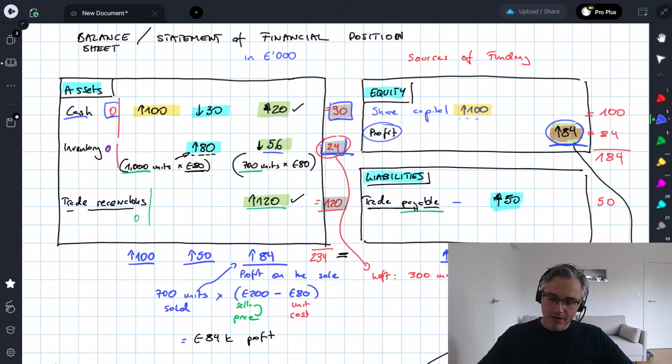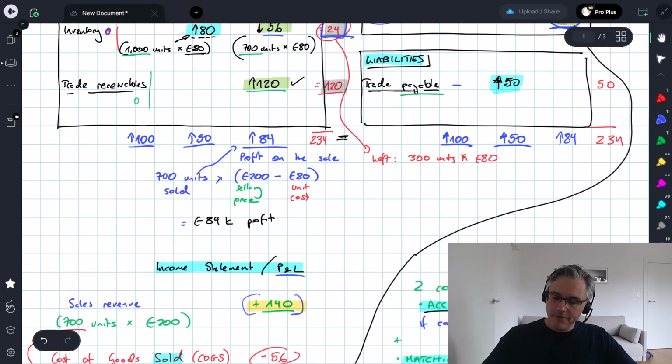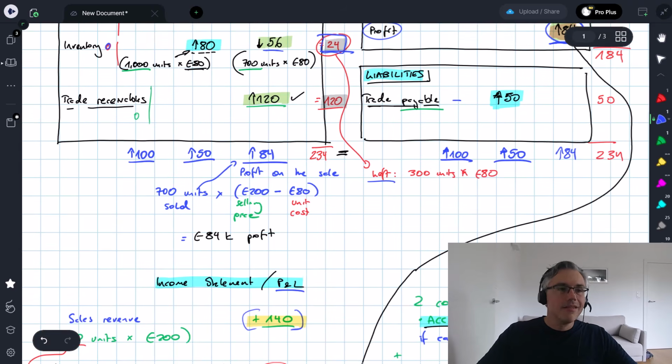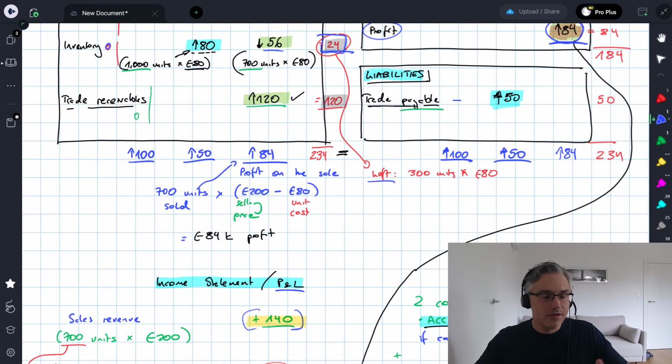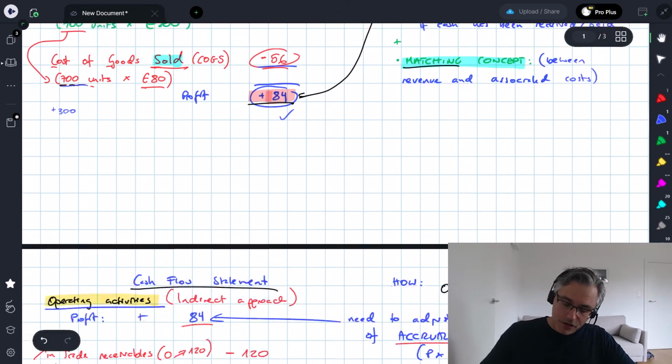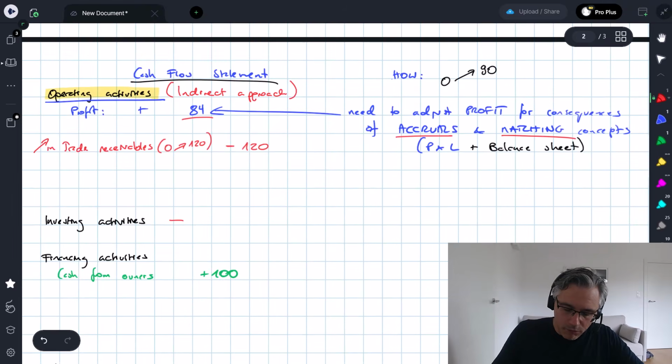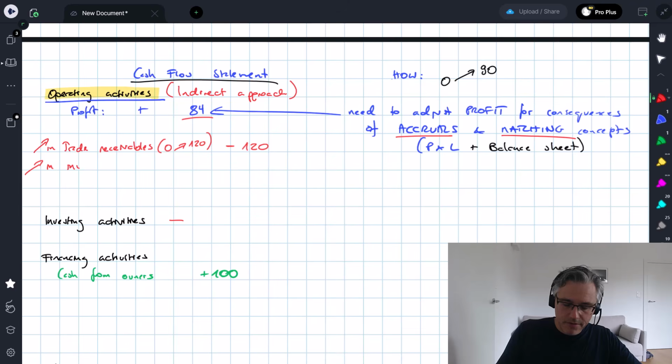That's the figure over here, and that 24k is the inventory still left from what we purchased during the period, 300 units times 80. So once again, I'm going to concern myself with the change in inventories, which went from 0 to 24, and make a negative adjustment over here.